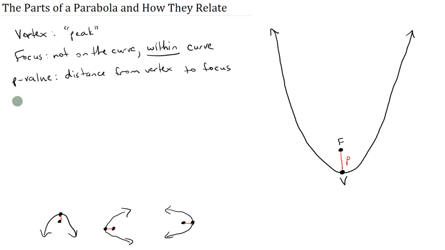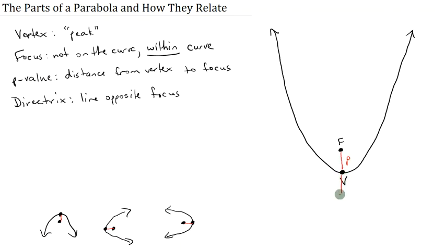But the next thing we have is something called the directrix. It's a weird word, directrix. The directrix is a line opposite the focus. In fact, if the focus is p units away from the vertex, the directrix is also p units away in the opposite direction.